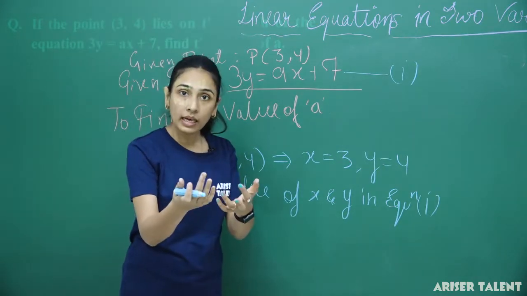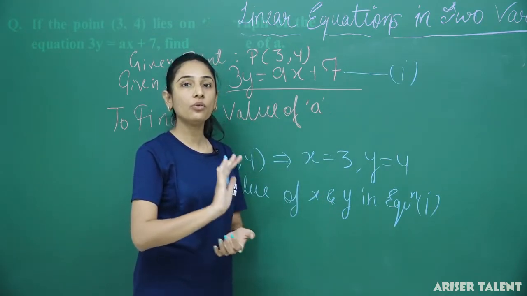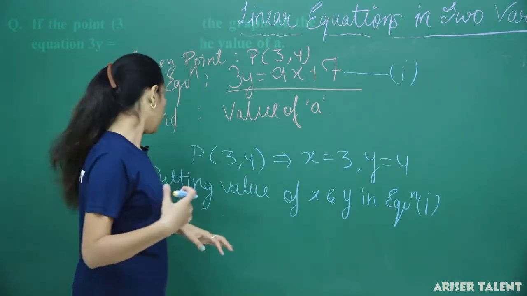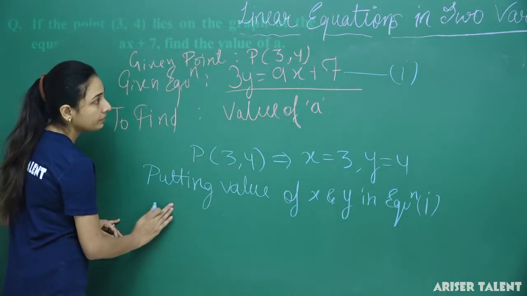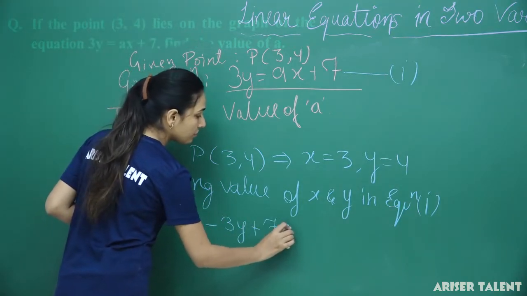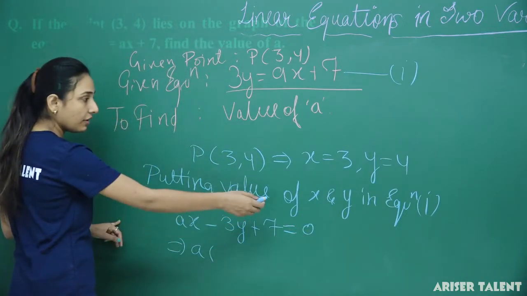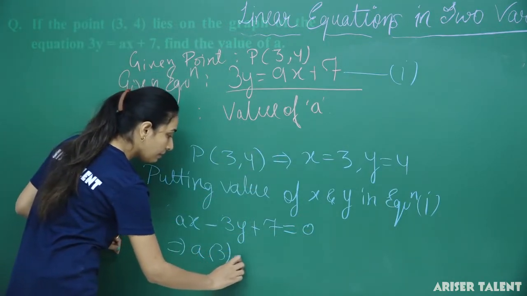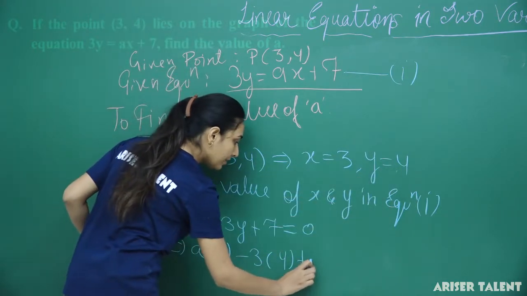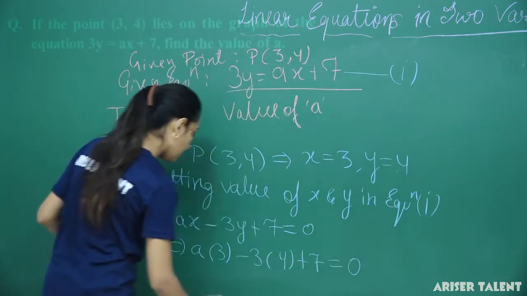Now it's up to you to change this into the standard format, and I have told you to always change the equation into the standard format. So do it: ax - 3y + 7 = 0. This implies a times 3, putting the value of x, minus 3 times 4, putting the value of y, plus 7 equals 0.